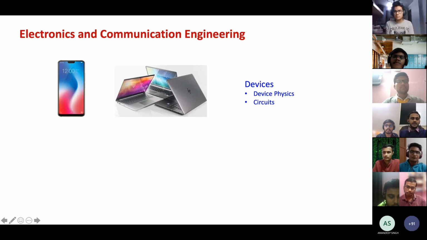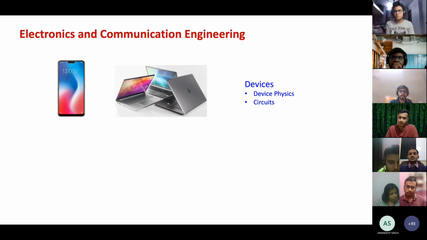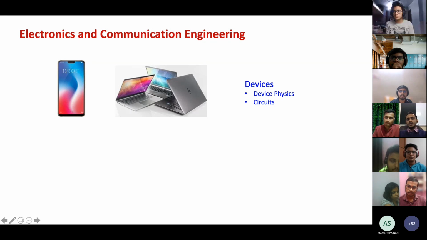When we talk about electronics and communication engineering, the first thing we talk about is electronic devices. And the most important electronic device is the transistor.